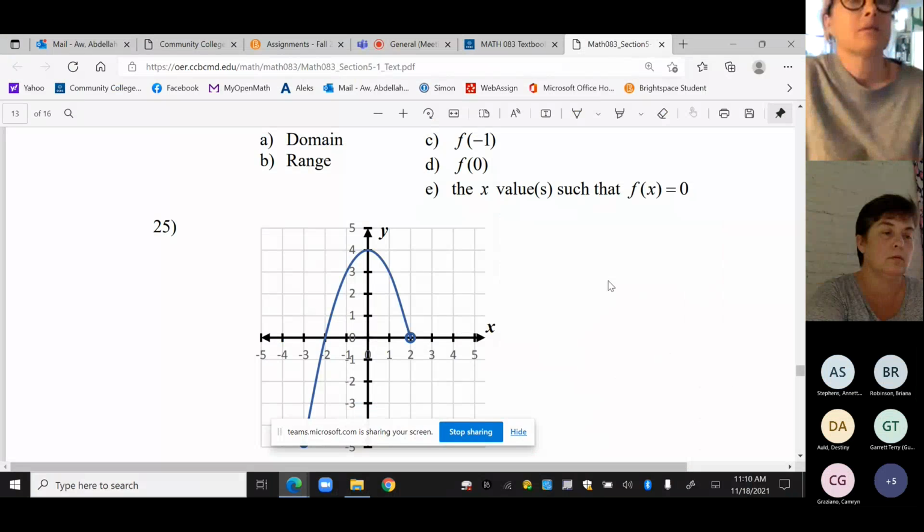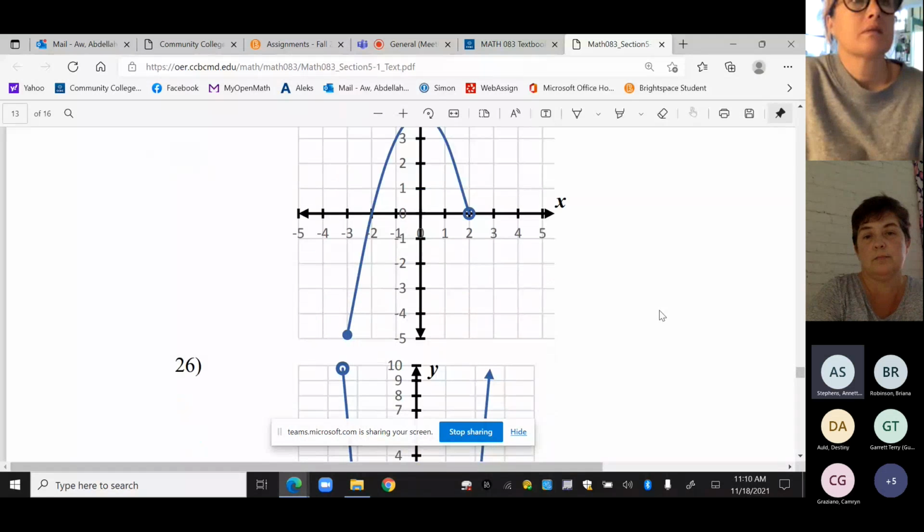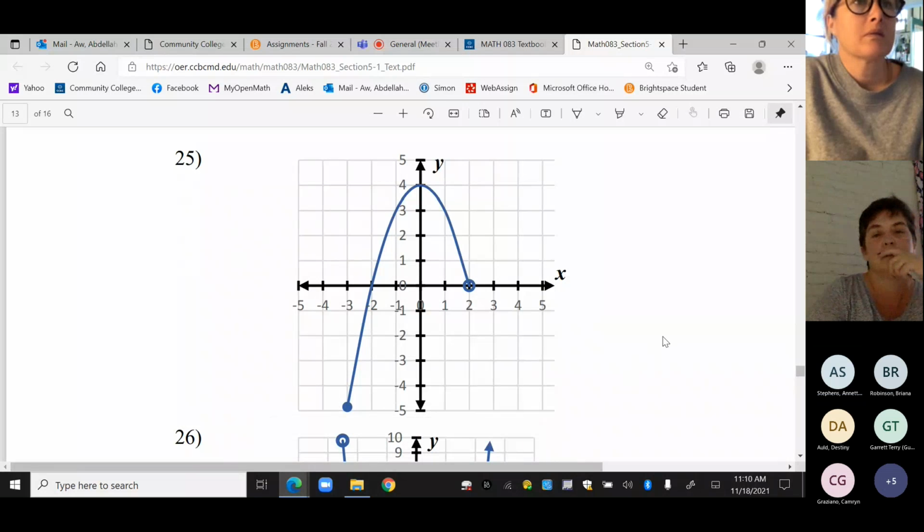Everybody can see my screen right here? Yes. All right. Can you tell me what is the domain of this function, please? The function number 25 that you see.